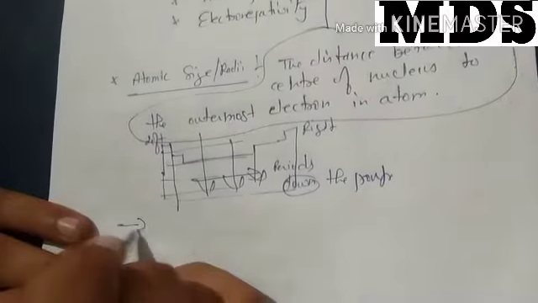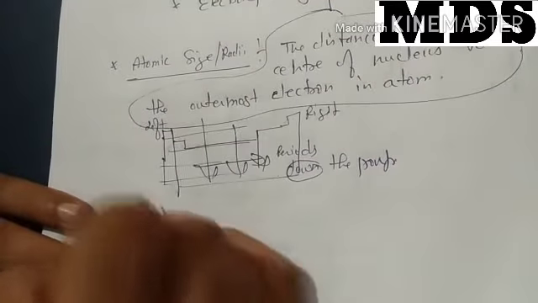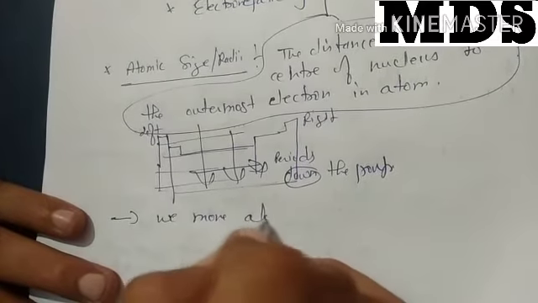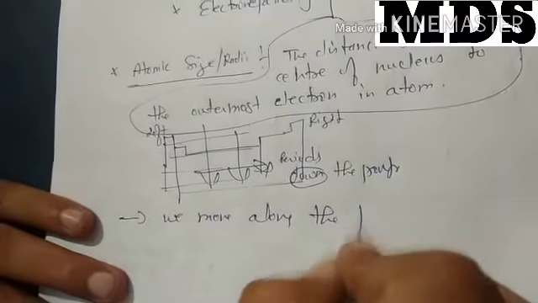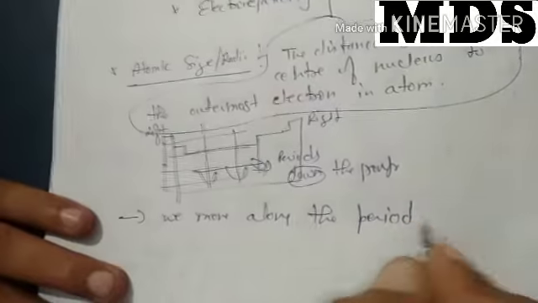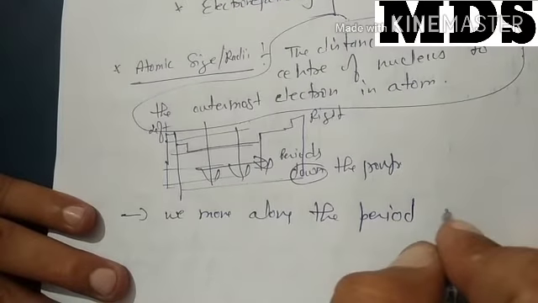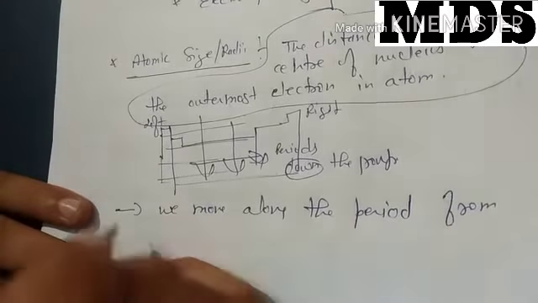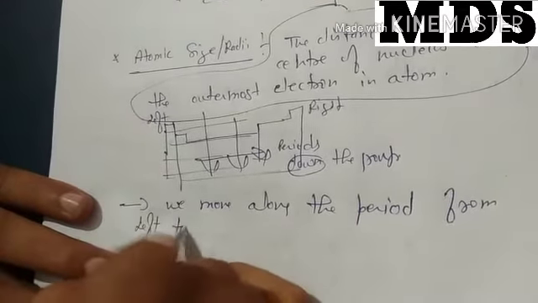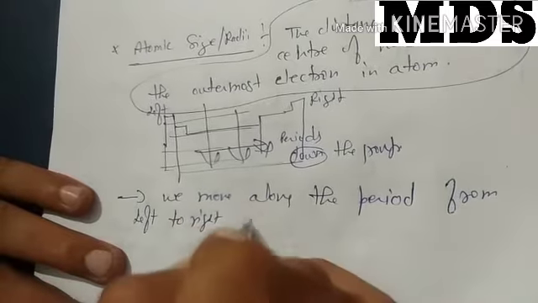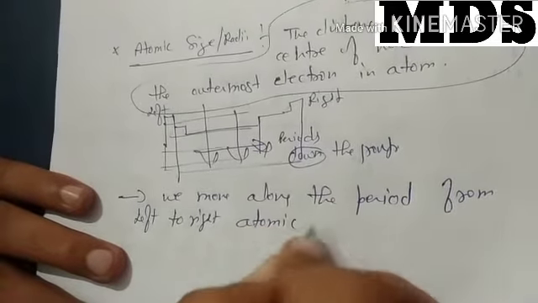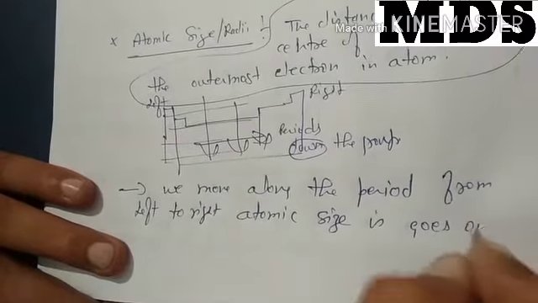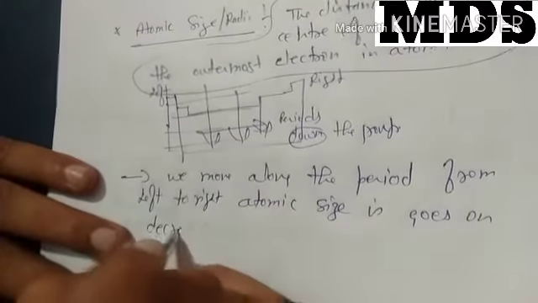First I am going period-wise. So when we move along the period from left to right, atomic size goes on decreasing.